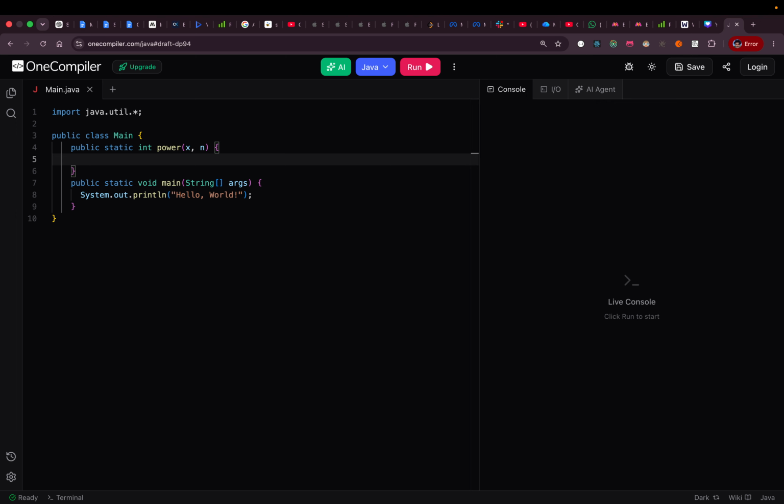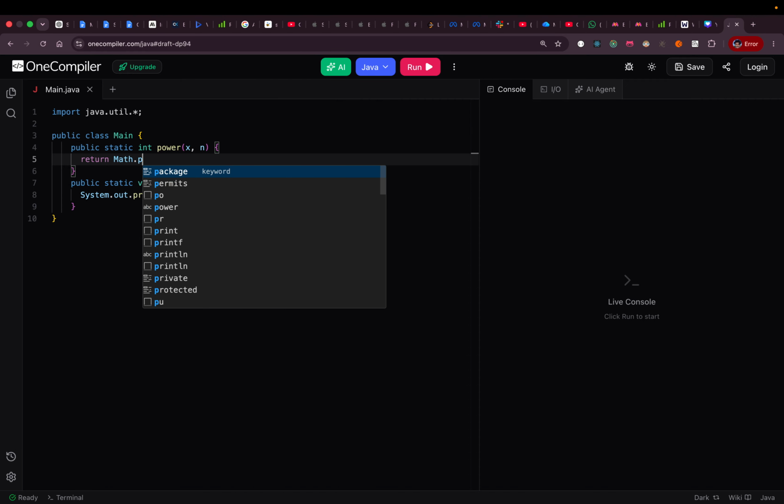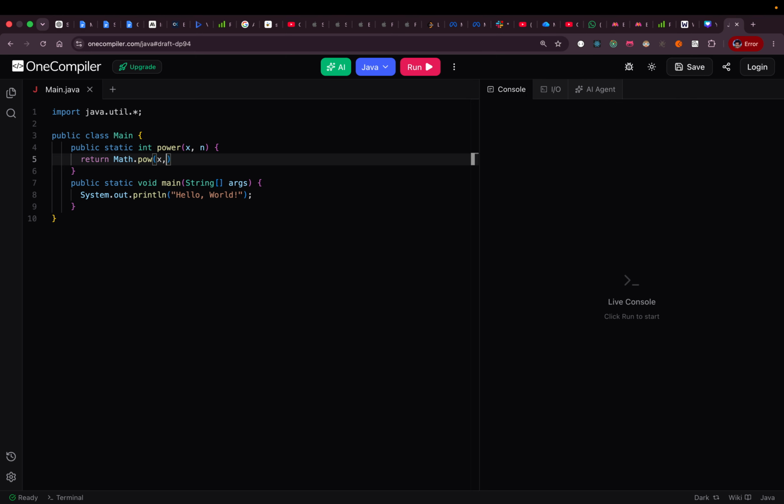Now I want to return x power n. I know all of you might be thinking, hey, that's very simple. I can simply say return math.pow x comma n. But right now I want to solve this question using recursion. So we will not use the inbuilt utility function and we will solve it using recursion.